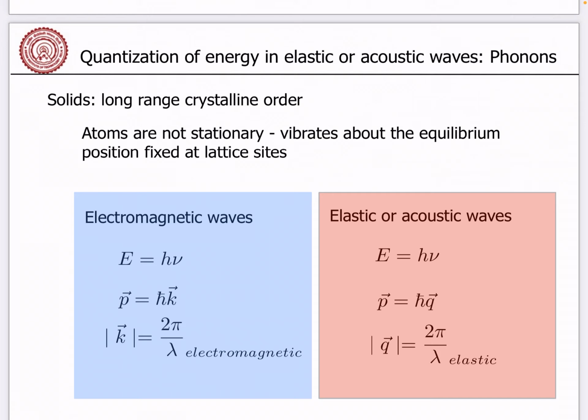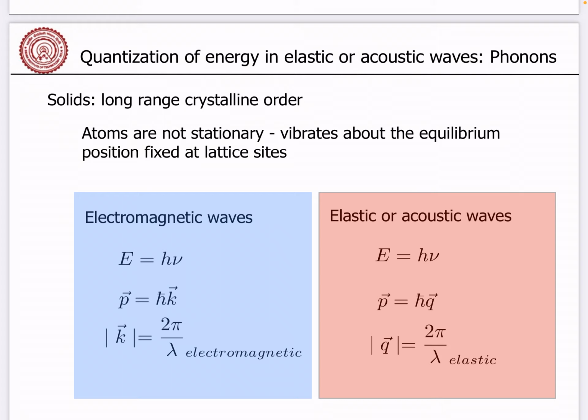Okay, so let me now show this slide, where I'm trying to show the analogy between the electromagnetic wave and acoustic waves. So now let us consider this. If you take a solid, so far what we have been discussing is that the atoms are all stationary, right? That means atoms are all fixed, and we have discussed the free electron behavior and then later the band electron properties, right?